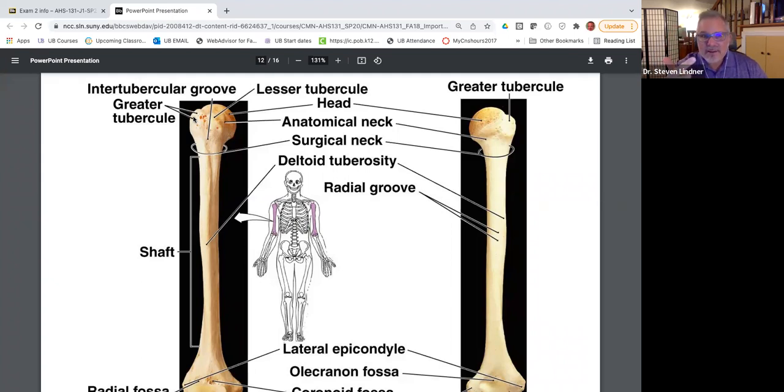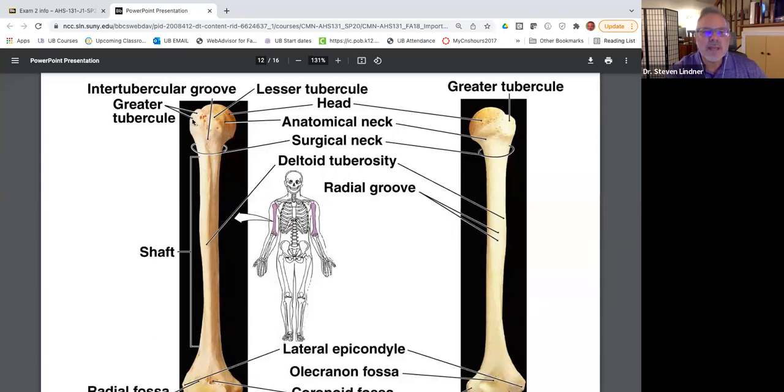The I is for infraspinatus. The T is for teres minor. Those 3 rotator cuff muscles insert right here on the greater tubercle. So SIT, supraspinatus, infraspinatus, and teres minor all insert right there on the greater tubercle.